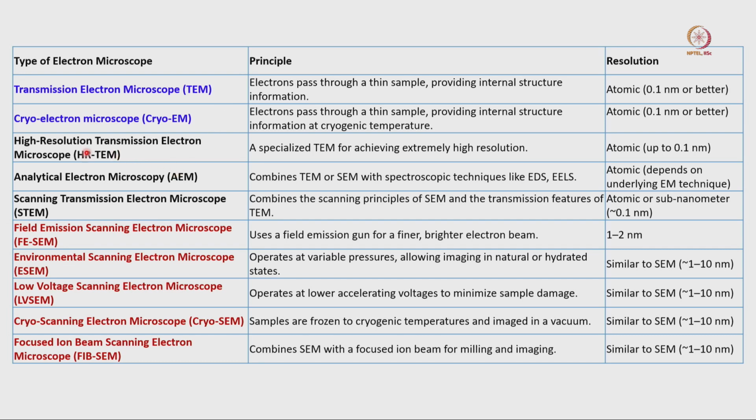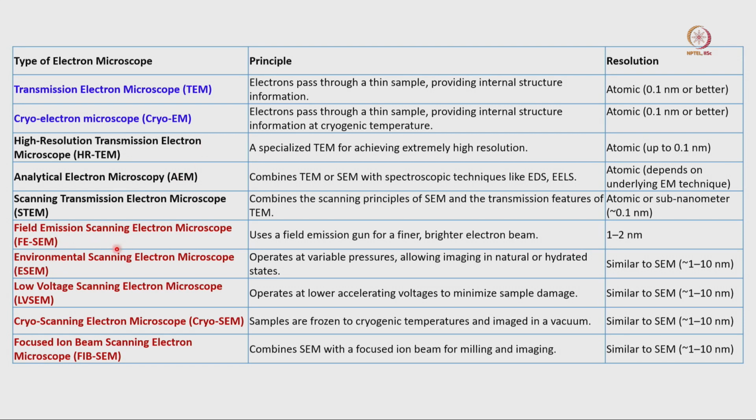As I mentioned, high resolution TEM or analytical electron microscope, most of the time we use for material science research purposes or those kinds of samples where beam damage is not a problem.